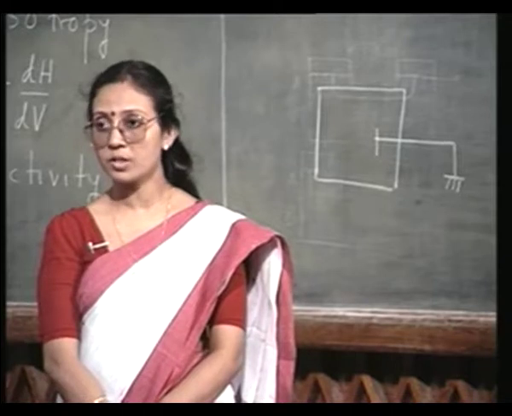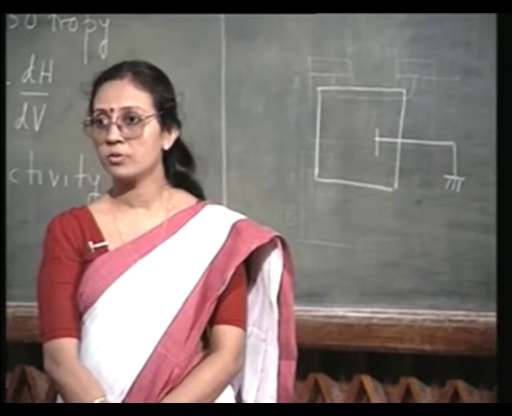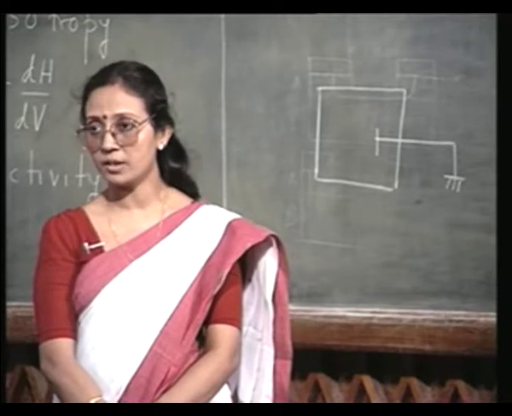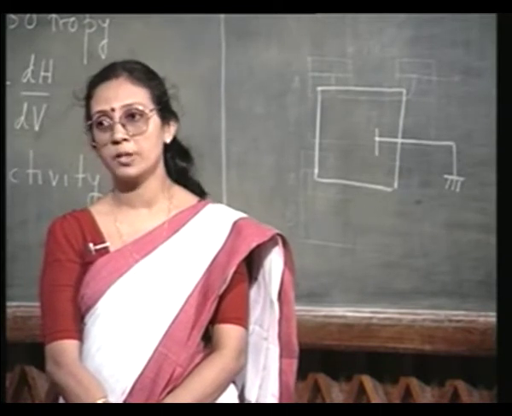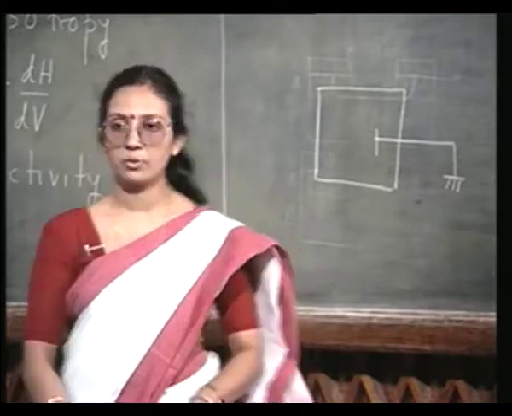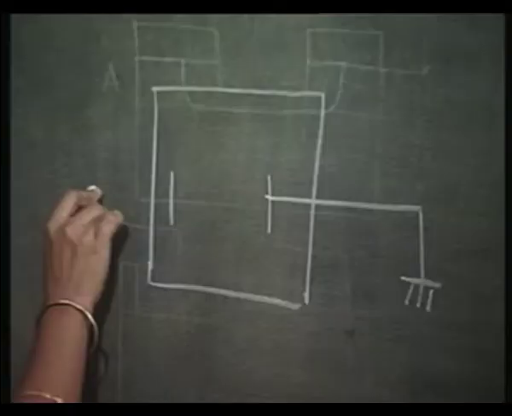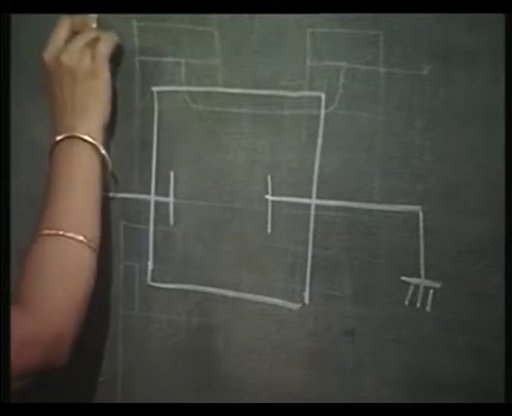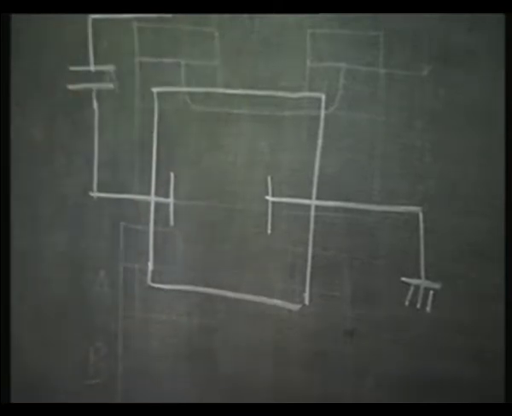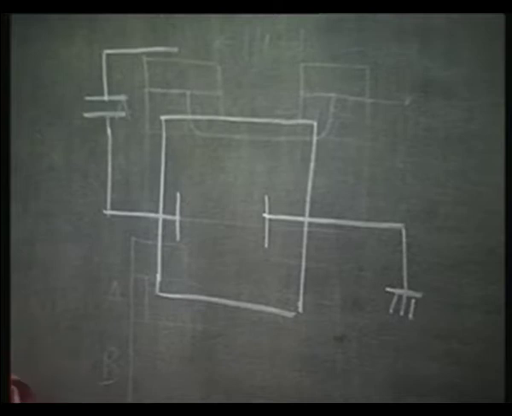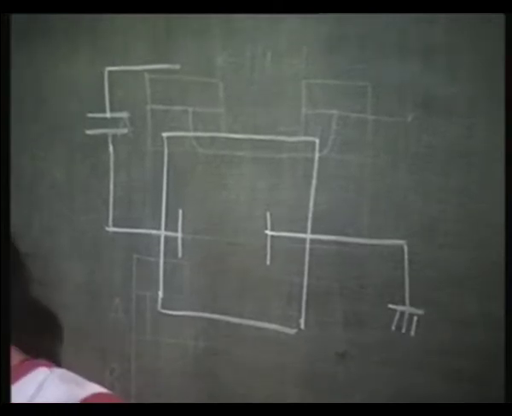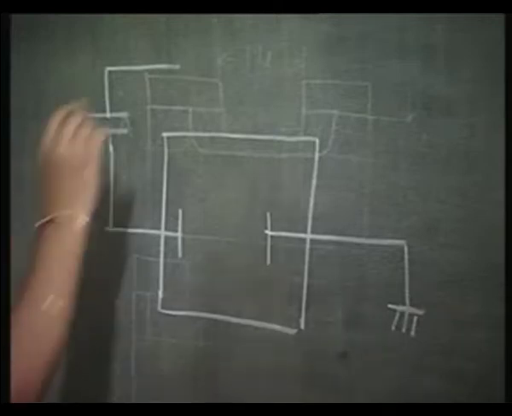So, that electrode is positive during one half cycle and negative during the other half cycle with respect to your permanently grounded electrode. Okay. And then you have a blocking capacitor and then you have your RF network, a matching network, RL or so.